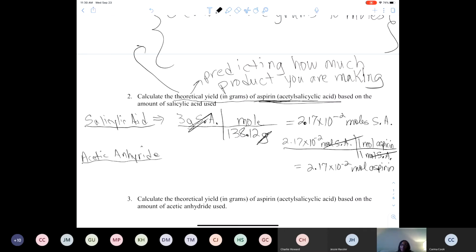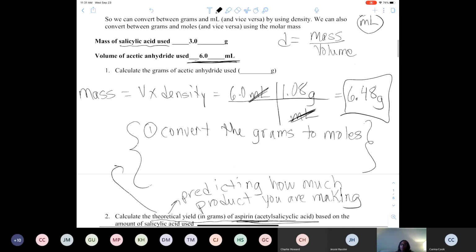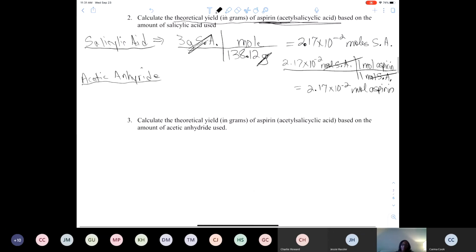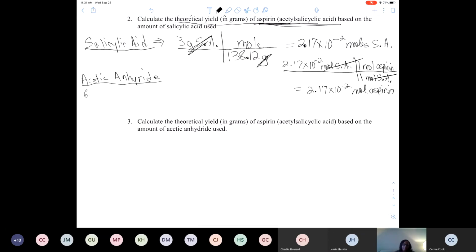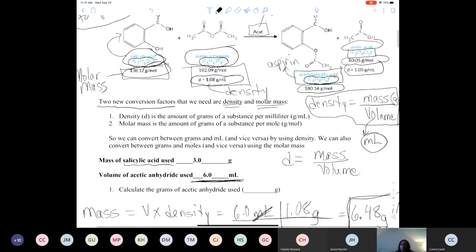And now we do the same type of calculation for the acetic anhydride. We use 6.48 grams of acetic anhydride. I'm going to call it AA for short. And look at its molar mass, 102.09.